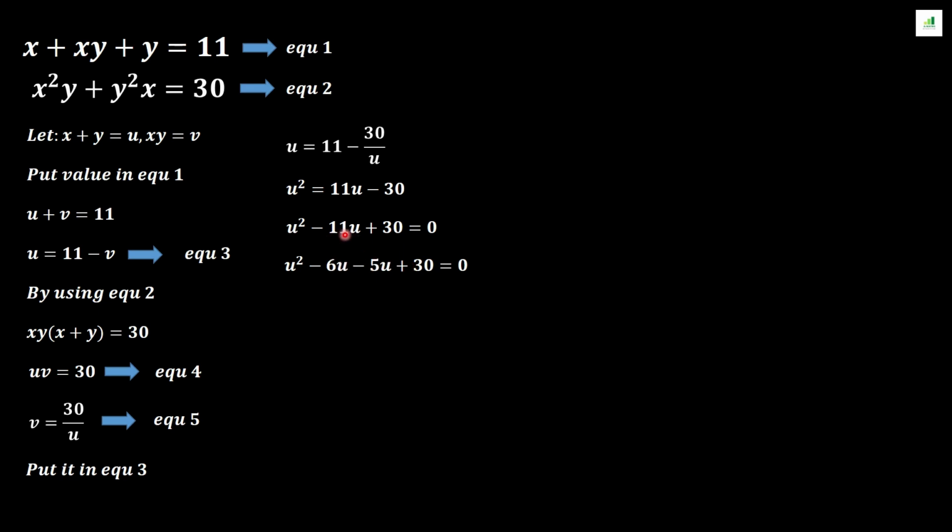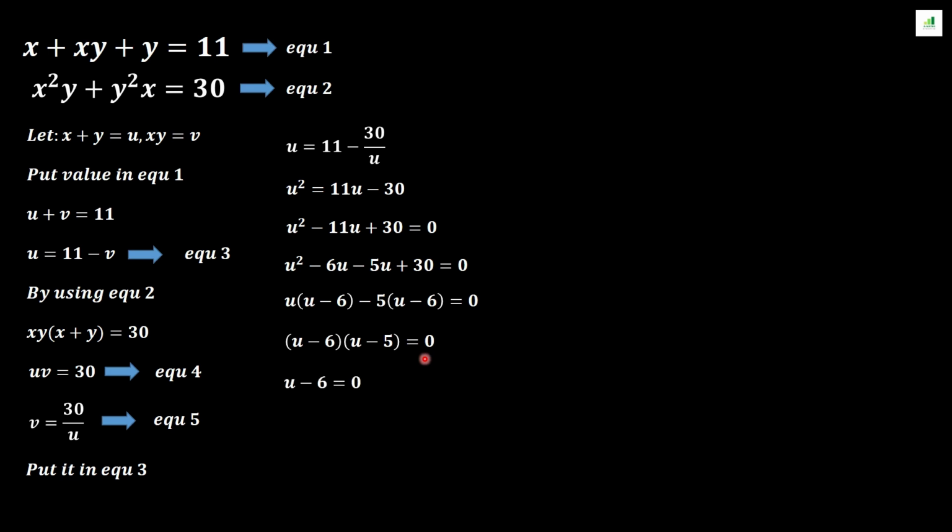Now in the next step we take u common from the first two terms and we get u minus 6 as a remainder, and we take minus 5 common from the other two terms and u minus 6 will be the remainder. Now we take u minus 6 common from the whole expression and u minus 5 will be the remainder, equal to 0 as before.